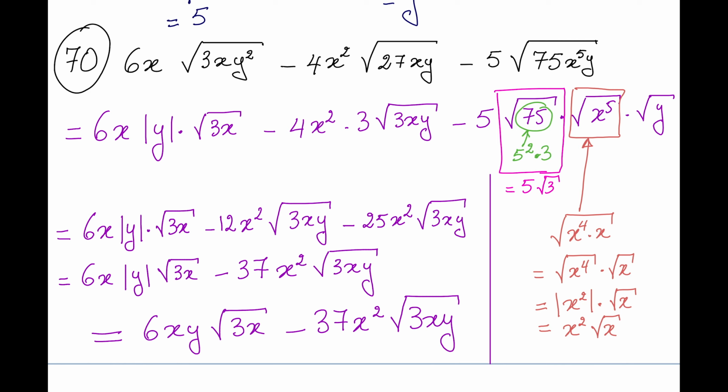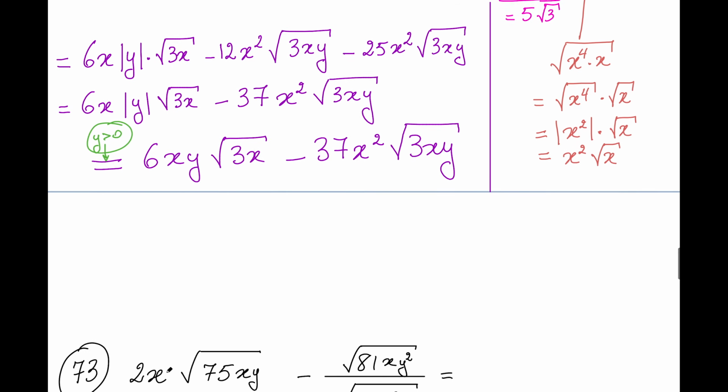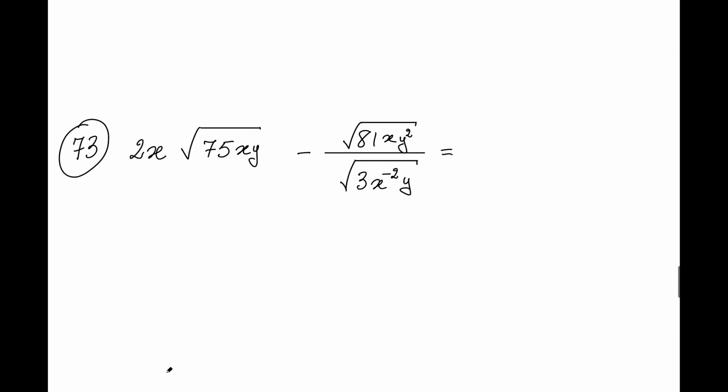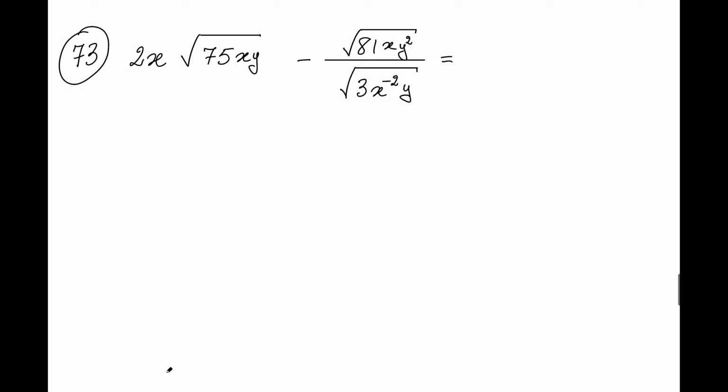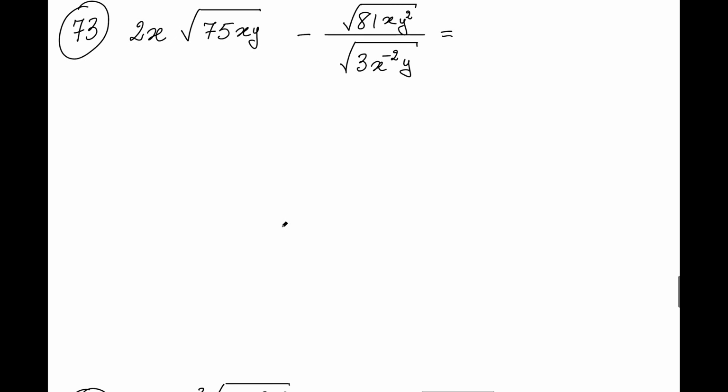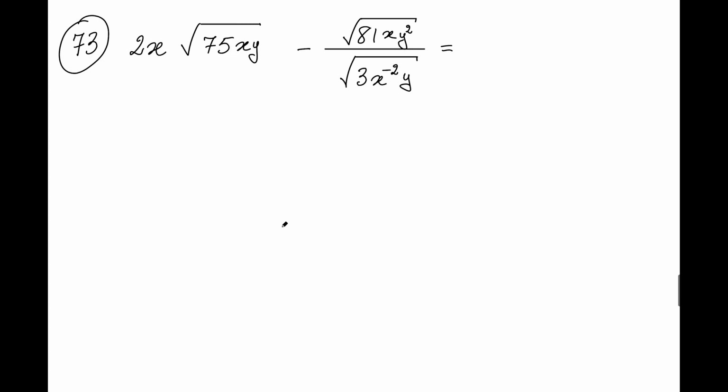Okay, and the reason is that y is positive. It was given to us at the beginning of these practice exercises in the book. All right. 73. You know what? I'm gonna keep 73 as an exercise.